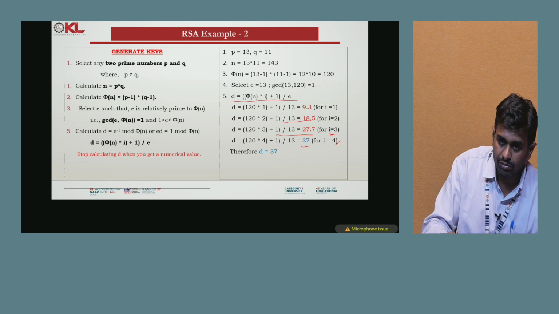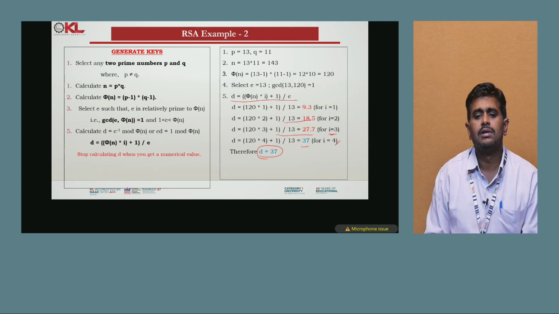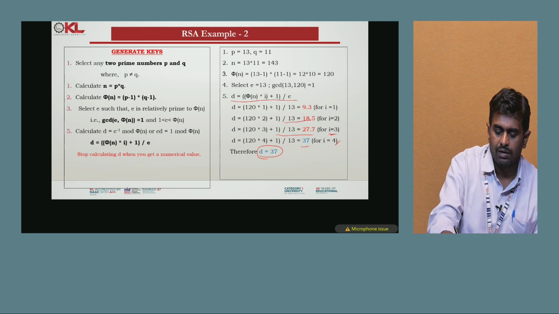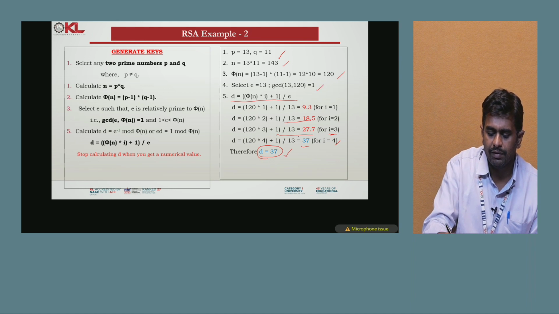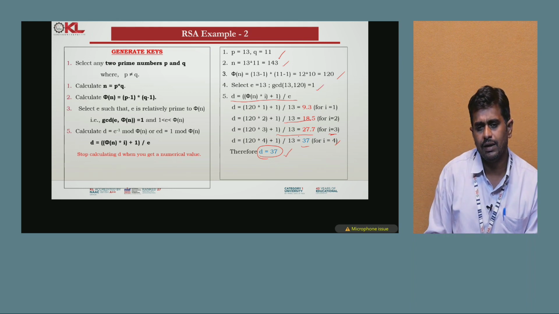There are no fractions in this number 37, so we can select the d value equal to 37. Now these two values are p and q, the third value is n, the fourth value is phi n, the fifth value is e, and the sixth value is d. Total 6 values we need to find out.